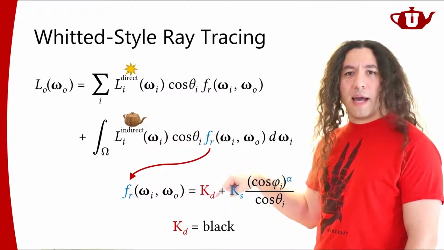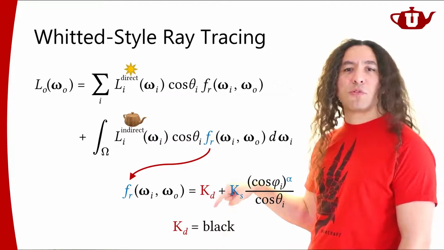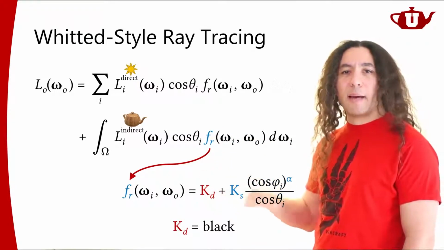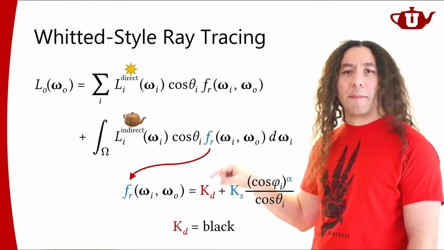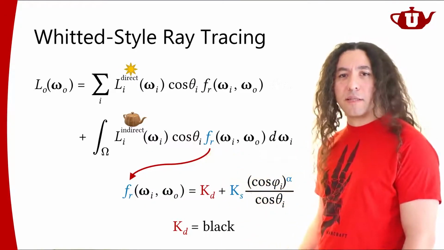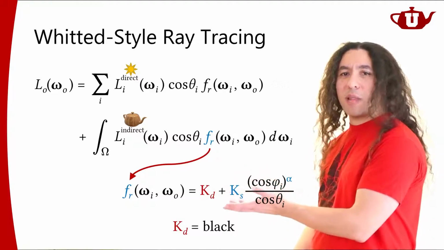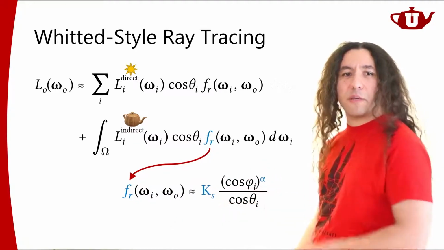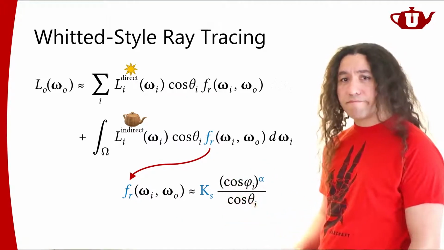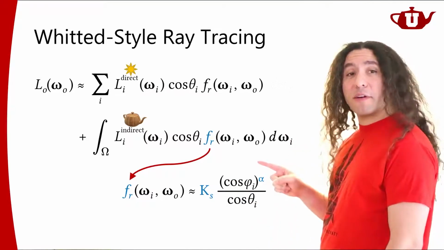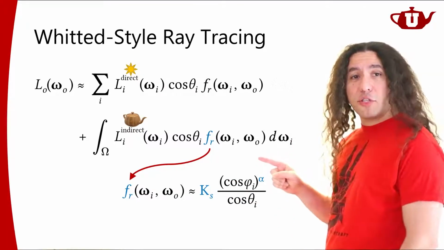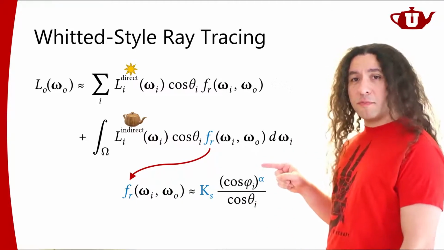So over here, I am going to say this diffuse term is just black. That means diffuse reflections don't happen for indirect illumination. That means that if it is black, that term is going to just disappear. It's gone.